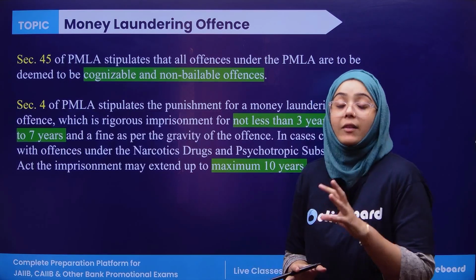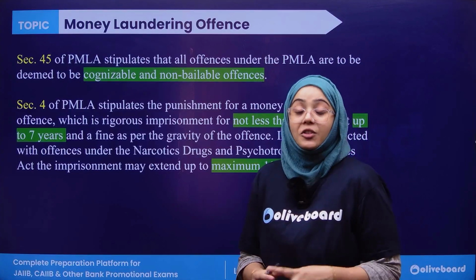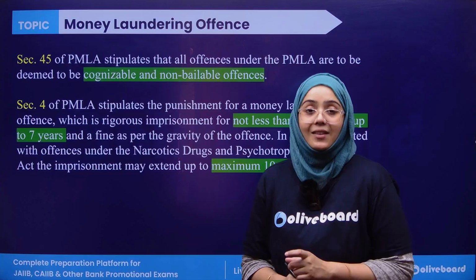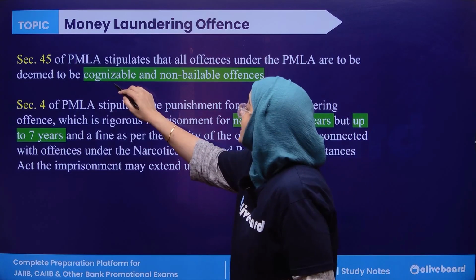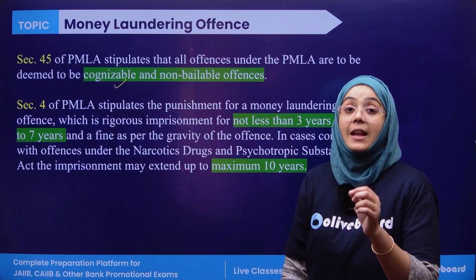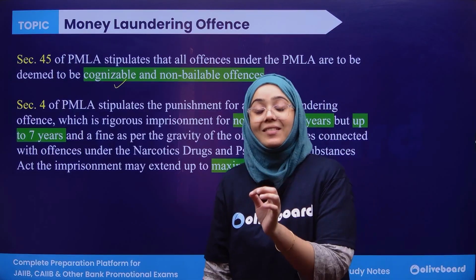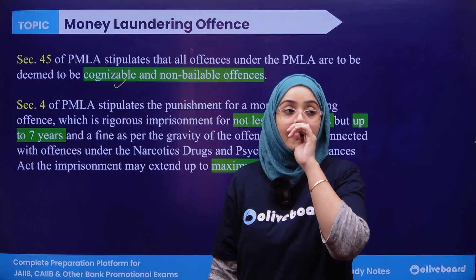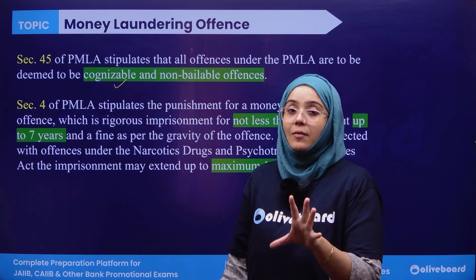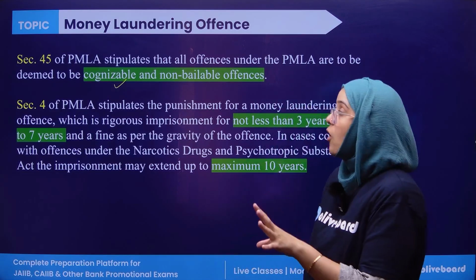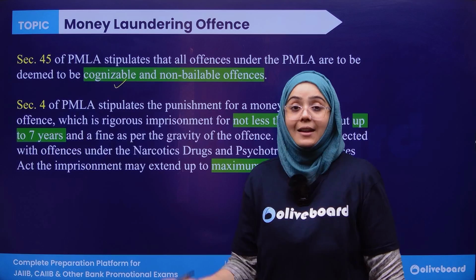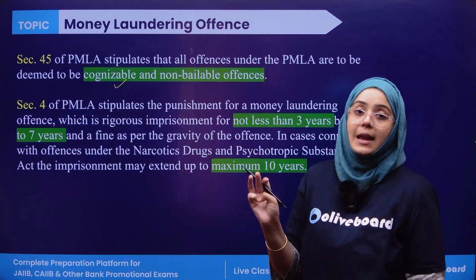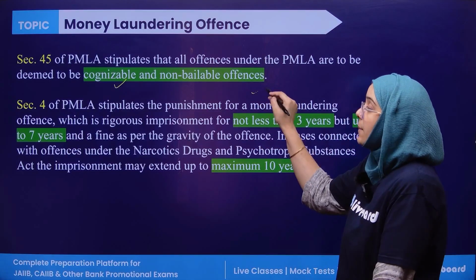If you are involved in money laundering, Section 45 of the Prevention of Money Laundering Act says that it is cognizable, meaning you can be arrested without any warrant if there is any suspicious activity that you are involved in, and it is a non-bailable offense.